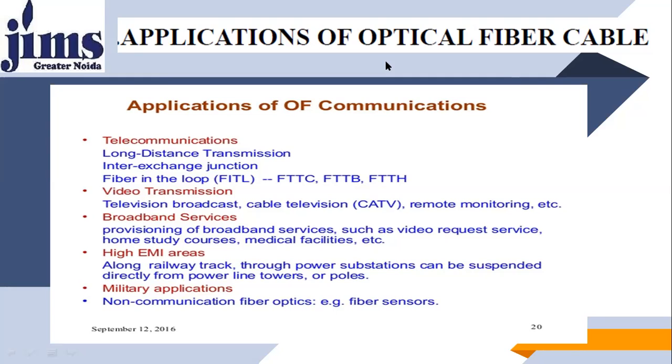EMI means electromagnetic interference, along railway tracks and power substations, where fiber can be suspended directly from power line towers or poles. Then military applications, then non-communication fiber optics, for example fiber sensors.